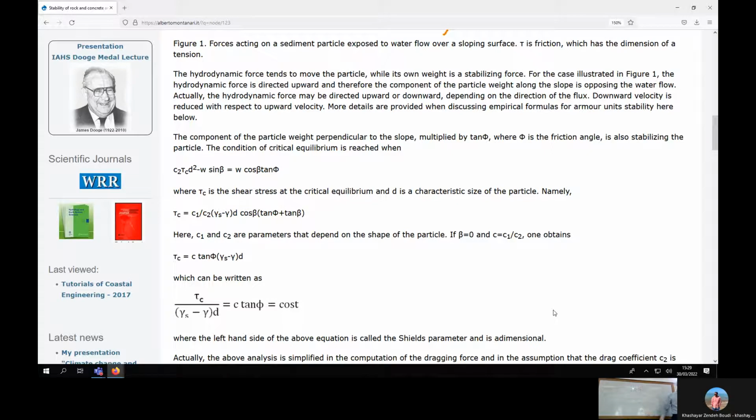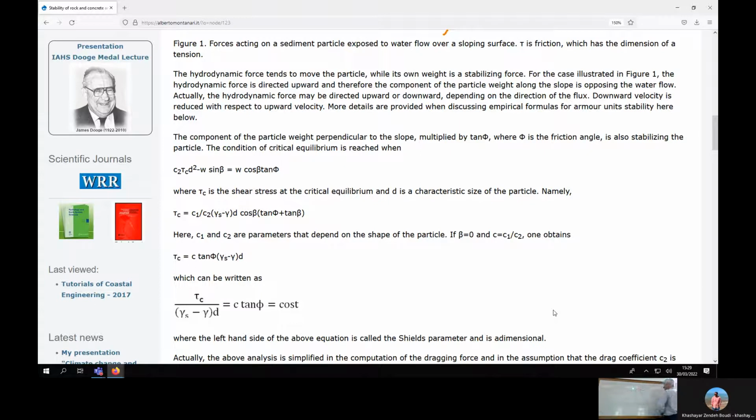You understand that when the destabilizing forces are equivalent to the stabilizing forces, you have a critical situation. You have an equilibrium such that even a small perturbation that causes an excess of the destabilizing forces would move the particle. So from this equality, which expresses equilibrium, I want to compute the shear stress that brings to equilibrium. And therefore, I have to find an explicit representation for it.